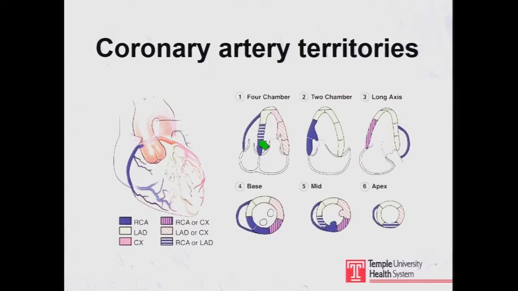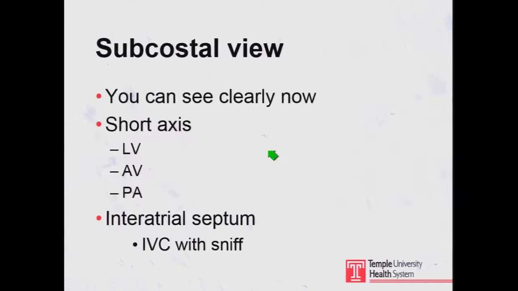And so this is the four-chamber view. This is the septum, and it's the inferior septum because I don't see the LVOT and aorta, but the base is always supplied by the RCA with variable distribution of other territories.